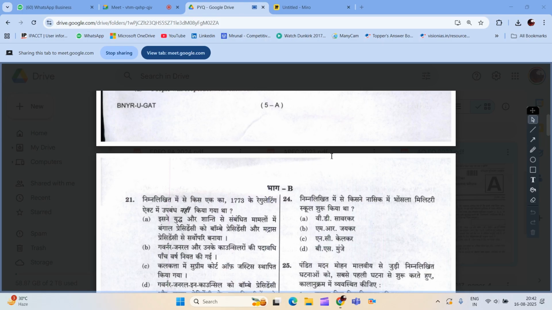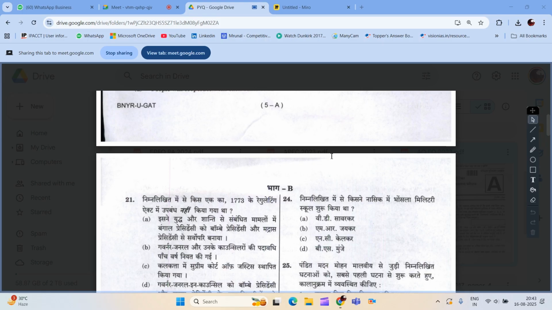Last year many aspirants could not complete the maths, could not even touch the maths because of the level of questions they asked there. The level of questions was quite high in nature.